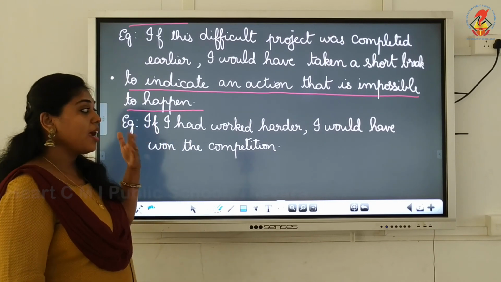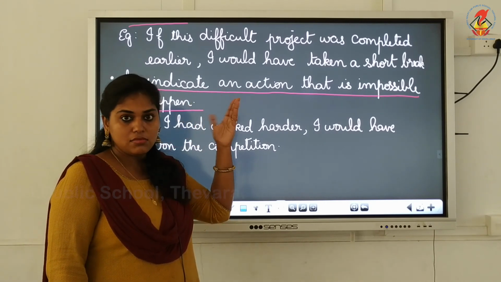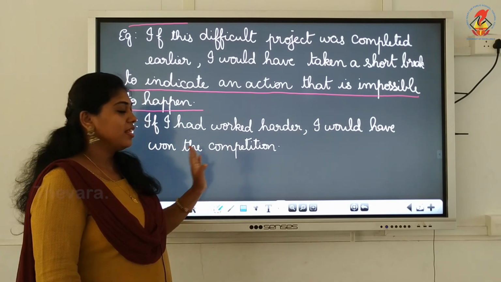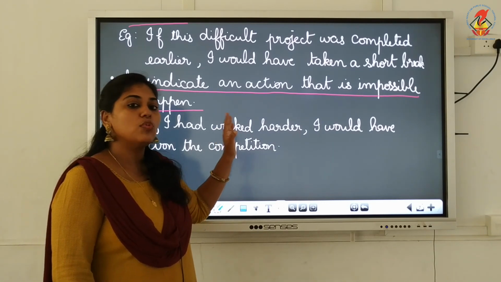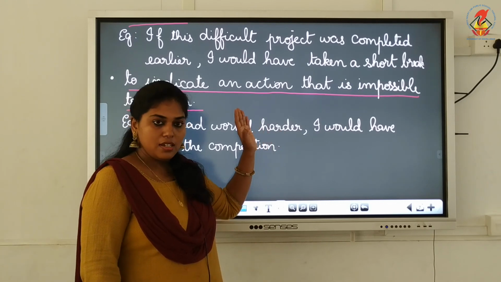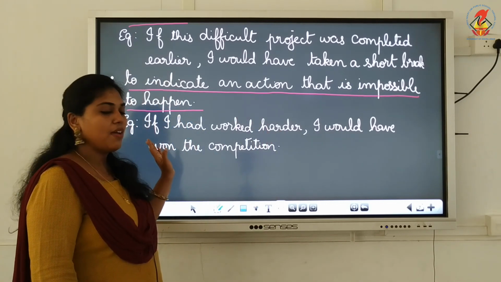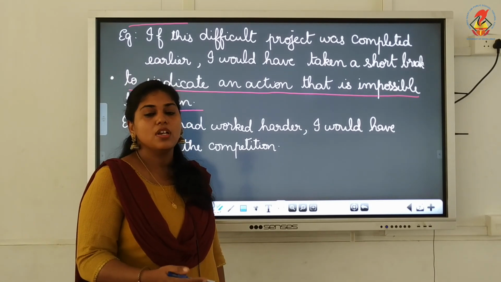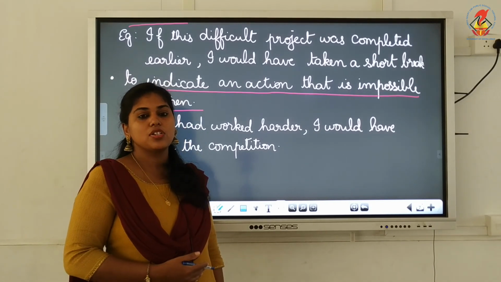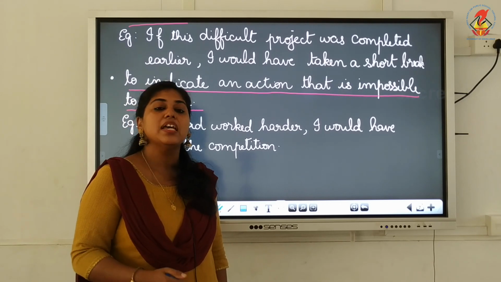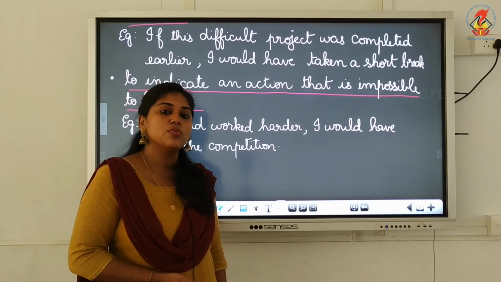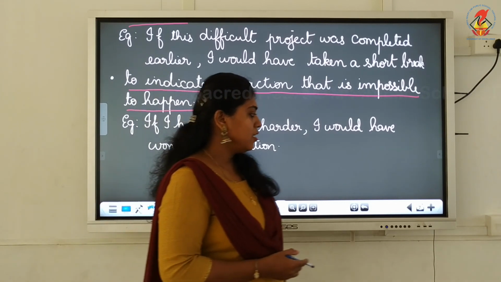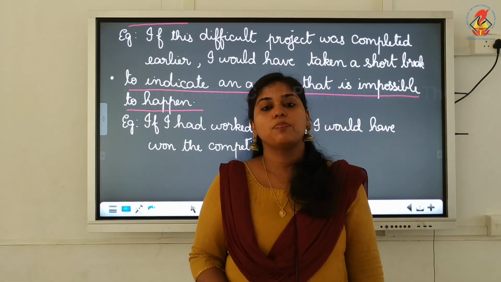If he had worked harder, he would have won the competition, but it's already over, so it is impossible to happen. To indicate such a situation also, we use the conjunction if. Hope you understood the topic.